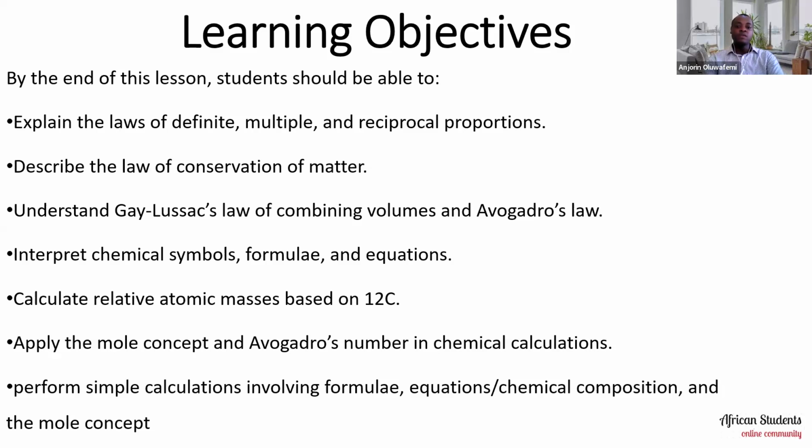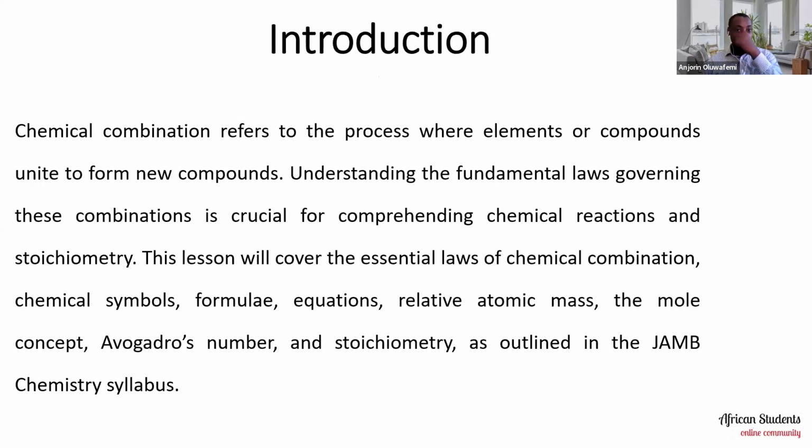Let's look at our first slide today, which gives an introduction. Chemical combination refers to the process where elements or compounds unite to form new compounds. They come together, they combine, they unite to form new compounds. That's what chemical combination is.